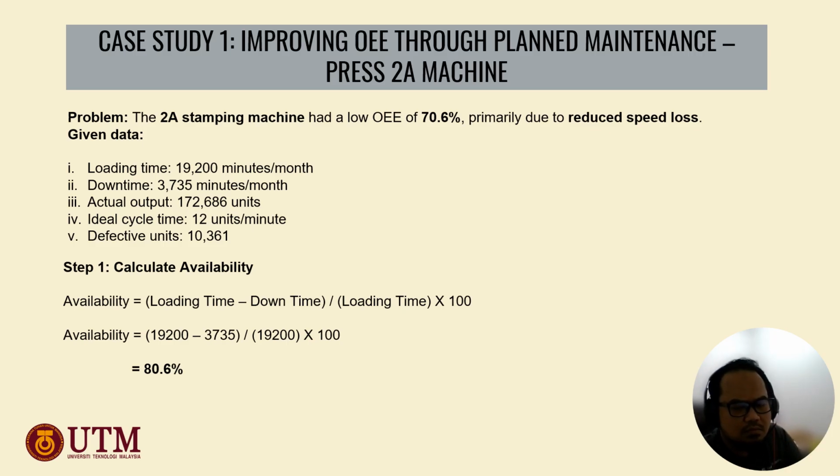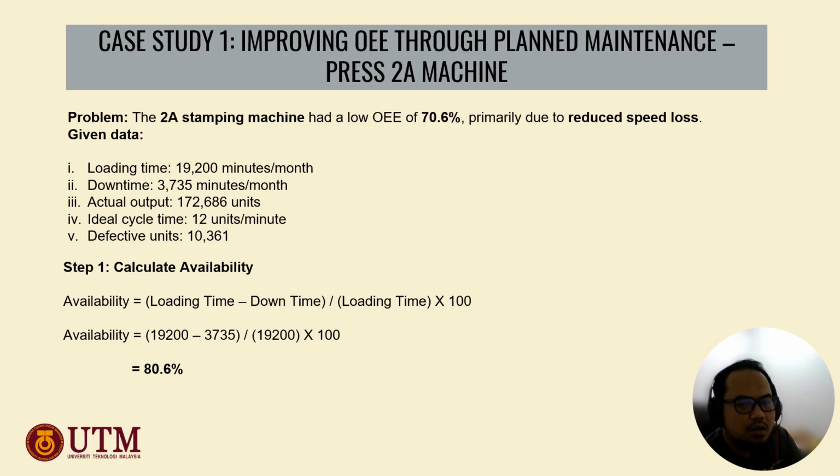The problem is the 2SW machine had a low OEE of 70.6%, primarily due to reduced speed loss. From this problem, we get the data.